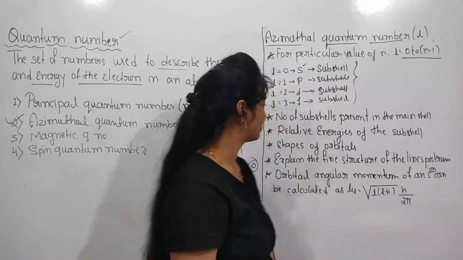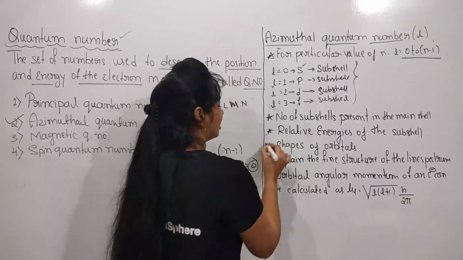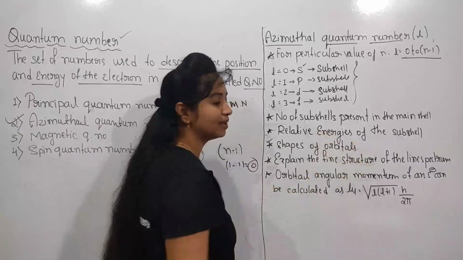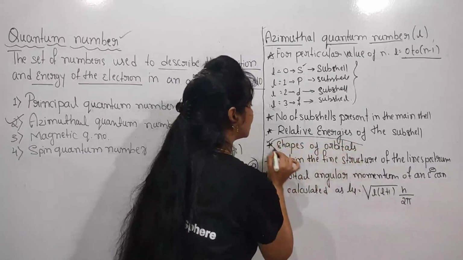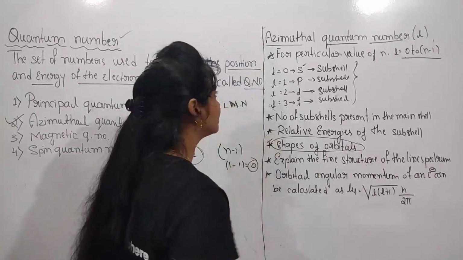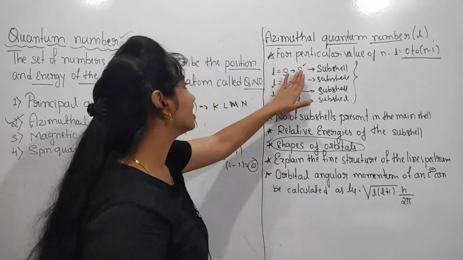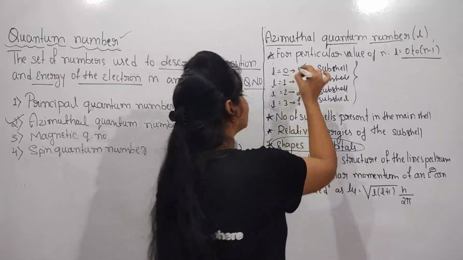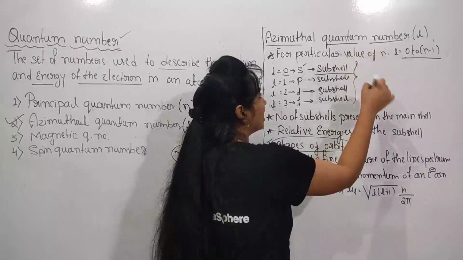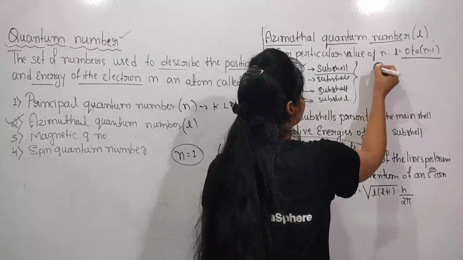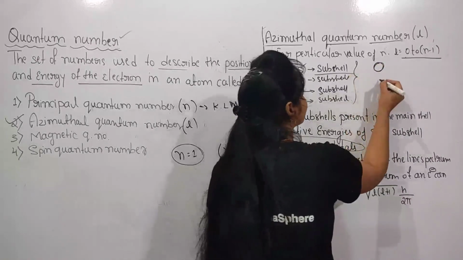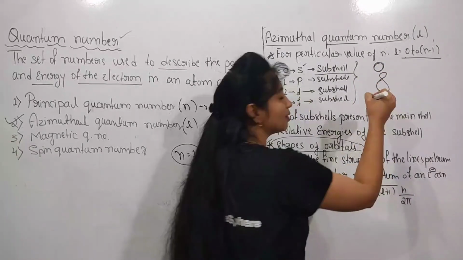And next one, it tells us the shapes of orbitals. It gives the shapes of orbitals. Meaning, if our l value is equal to 0, then we have an S subshell. This S subshell has a spherical shape orbital. In a P subshell, we have a dumbbell shape orbital.